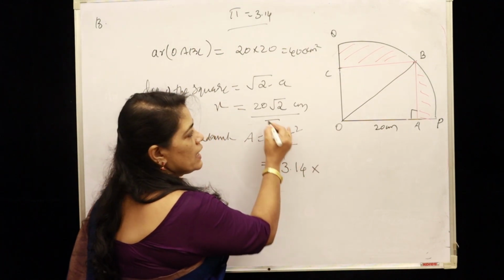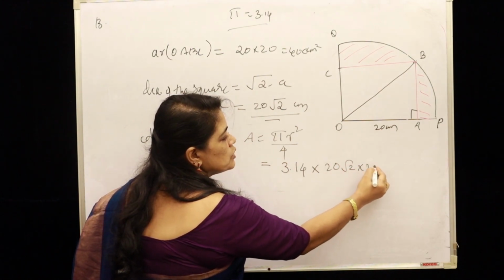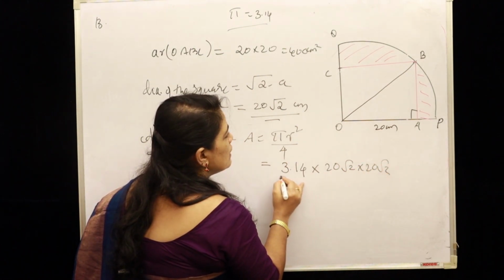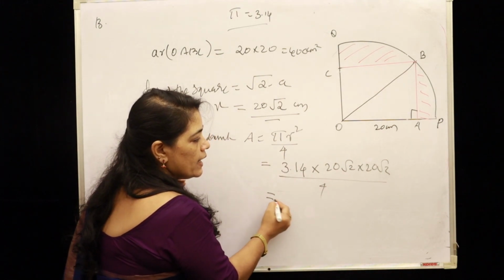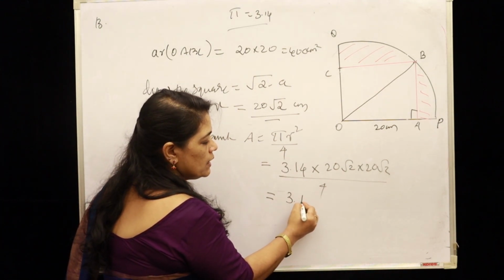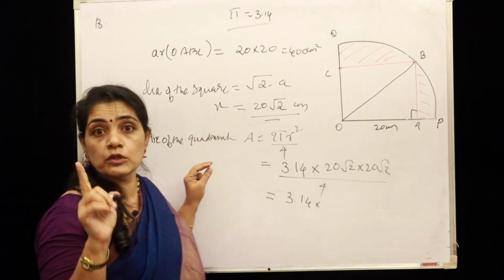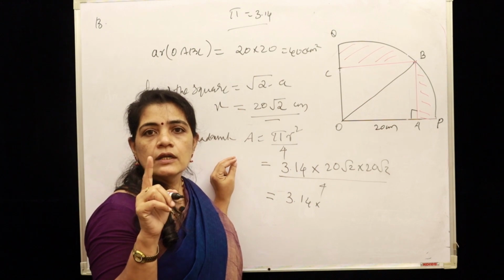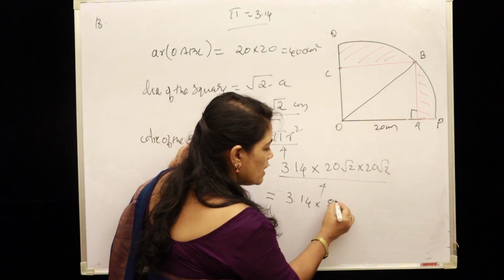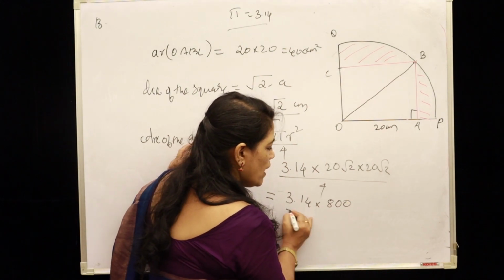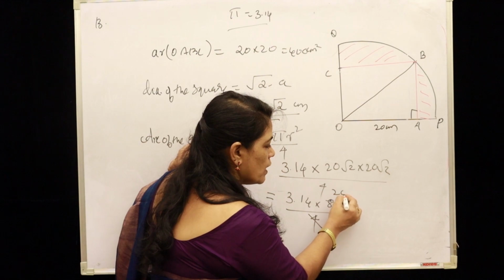So 3.14 into the radius we have got, 20 root 2 into 20 root 2, divided by 4. That is 3.14 into 20 into 20 into root 2 into root 2. So 400 into 2, that is 800 divided by 4. That is 4 in 800, 200.